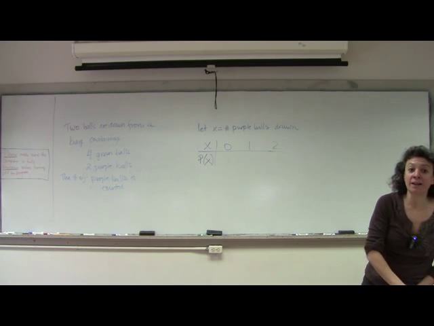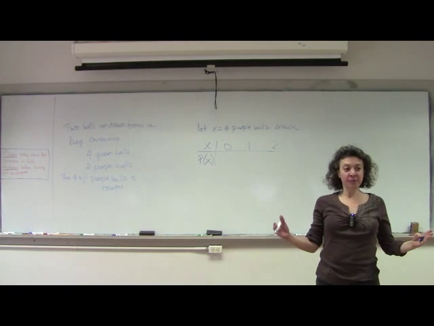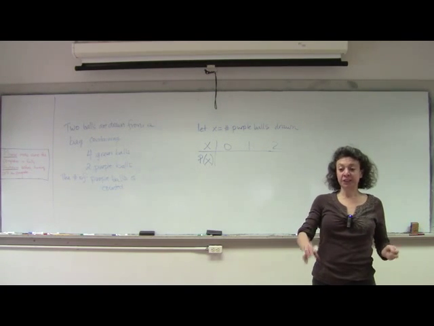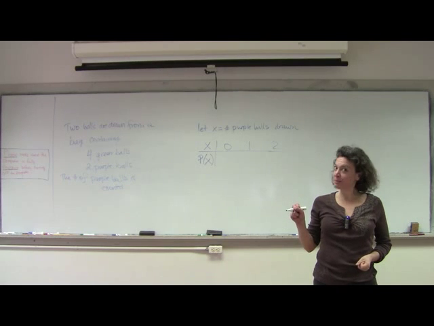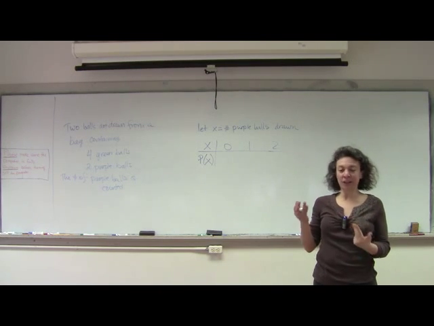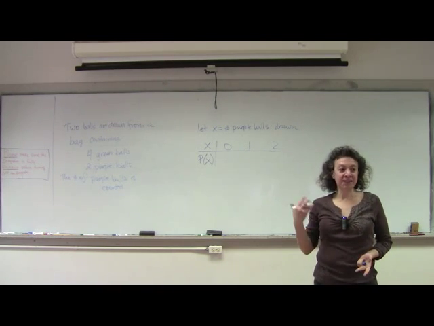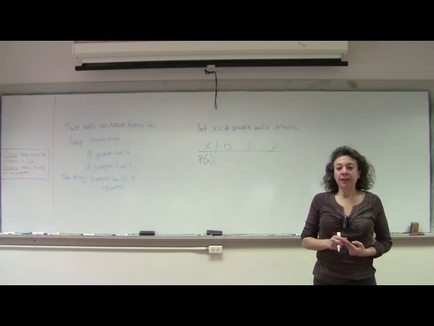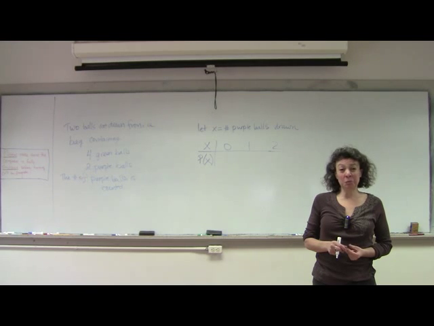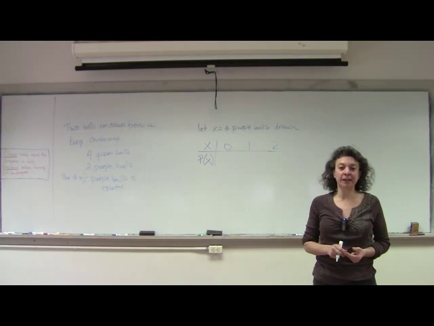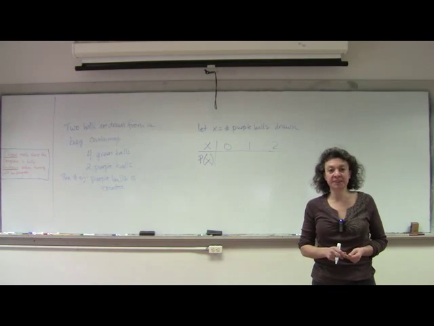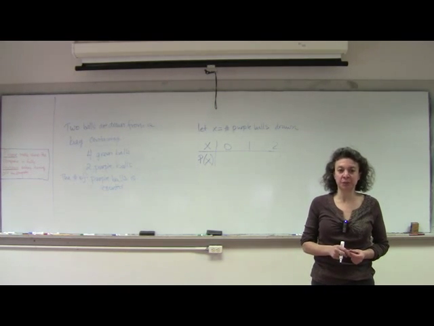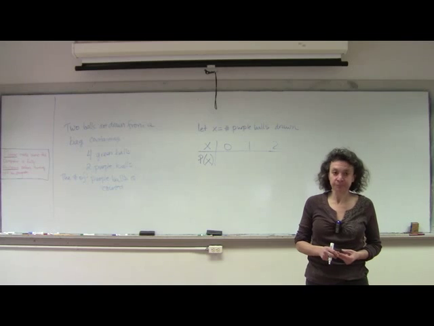Well, remember when you have a bag of something and you're choosing a couple of them and asking how many ways it can be done, that should signal to you that we're probably going to be using a combination. Why a combination and not a permutation? Well, precisely because the order in which we select the balls does not matter.